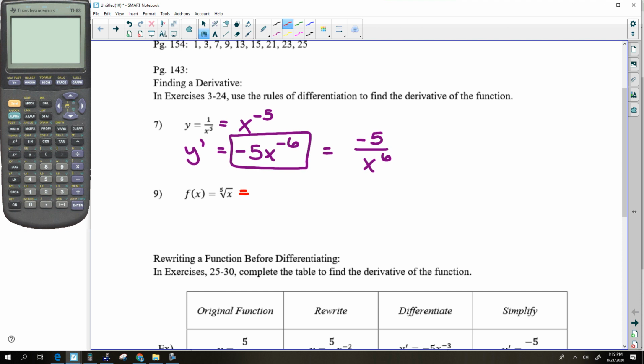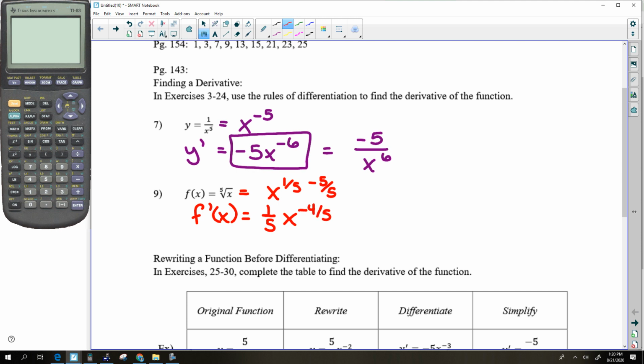Right? Rewrite it. This is x to the 1/5. So the derivative of this is equal to 1/5 x. And again, when I'm subtracting 1, I'm kind of subtracting 5/5 in my brain. Okay? I need to subtract 1, so I subtract 5/5. So that's negative 4/5.